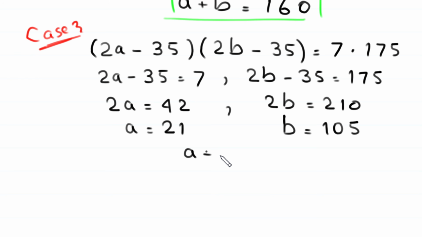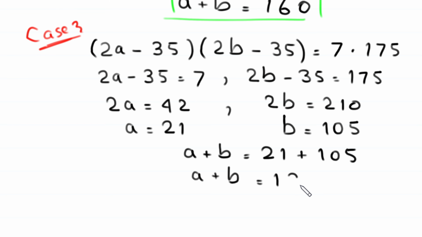So a plus b will be equal to 21 plus 105, which is 126. From this third case, we get a third solution, a plus b equal to 126.